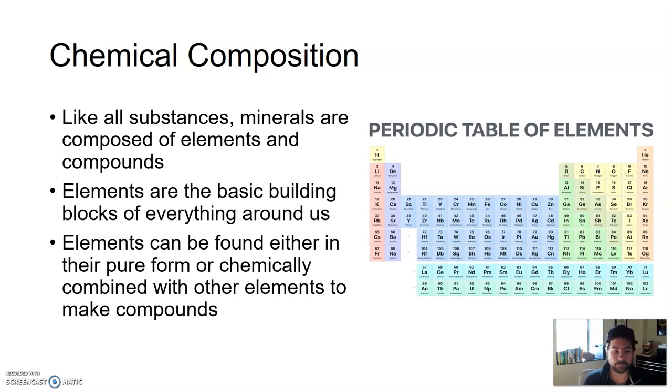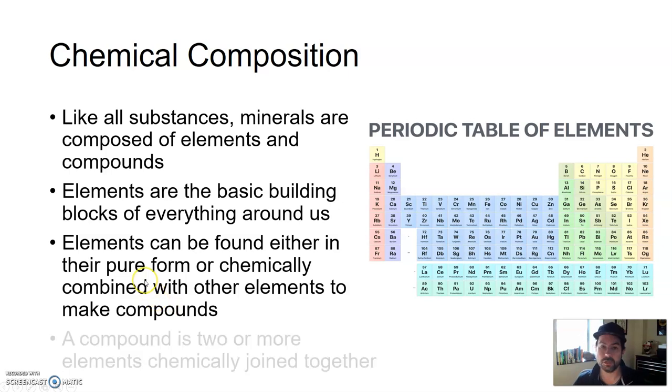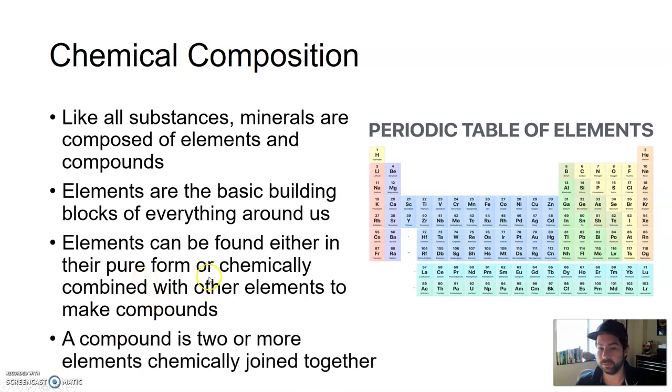Elements themselves can either be found in just their pure form. For instance, gold, Au, just a big lump of gold is a bunch of gold atoms mushed together, or chemically combined with other elements to make compounds, where a compound is two or more elements joined together. So just like elements, minerals can either be made of just one thing.